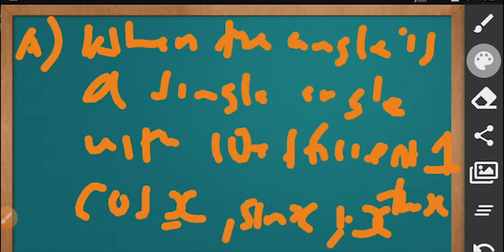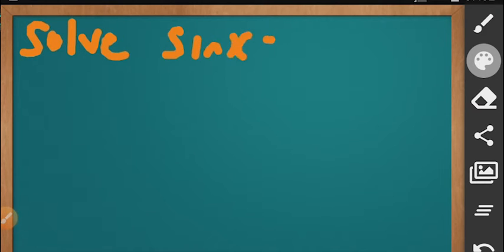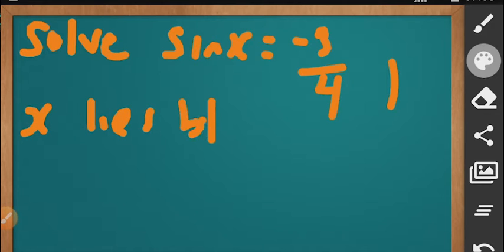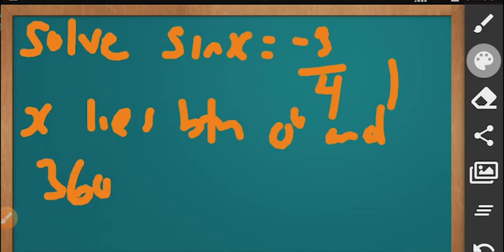We are looking at the first case: solve or find the angles. Solve sine x equals -3 over 4, for x lies between 0 degrees and 360 degrees inclusive.